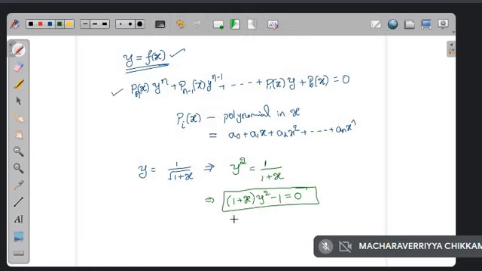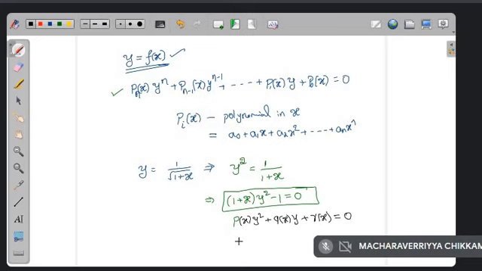If you observe the form, P_n of x means it is a polynomial of some finite degree. It is just a notation. So here I have some polynomial p of x y squared plus q of x y plus r of x equal to 0.